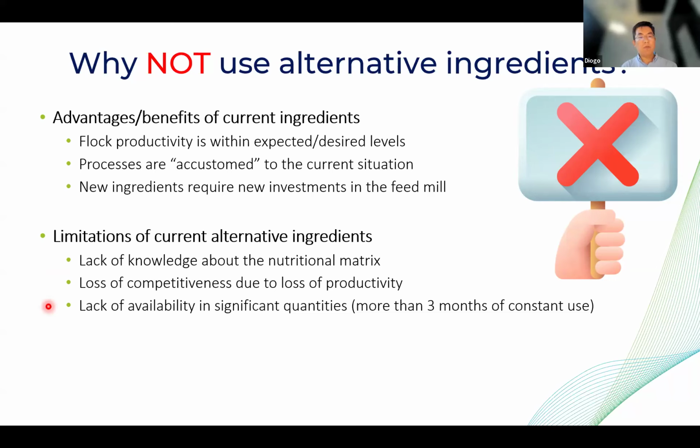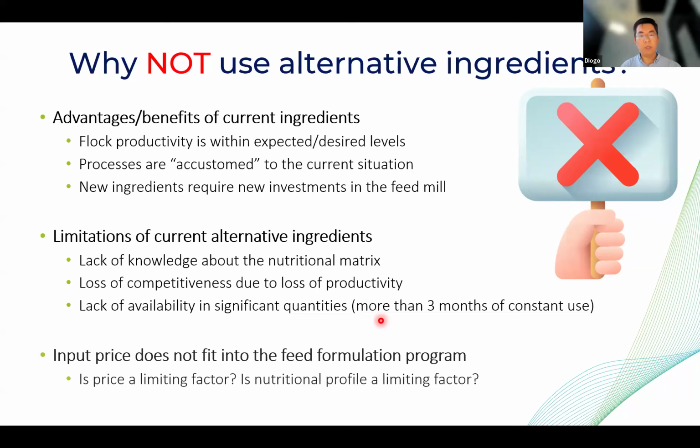And sometimes we don't have the amount of the ingredients available that can result in a good financial impact. We can consider that we need to use it at least for 3 months in constant use.